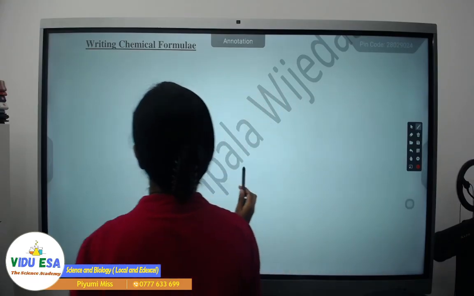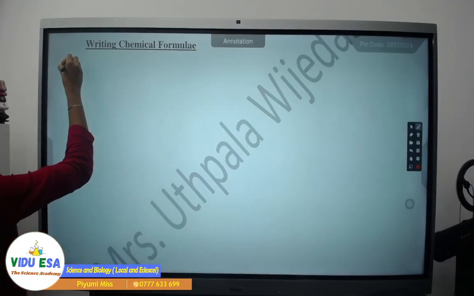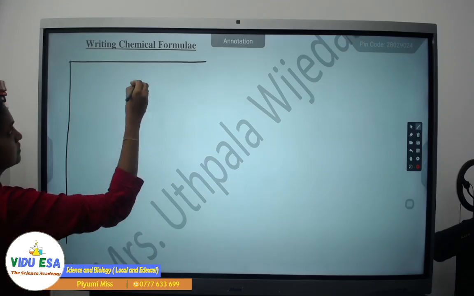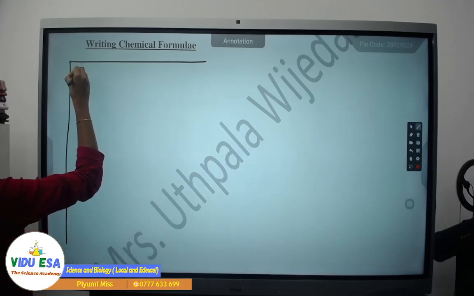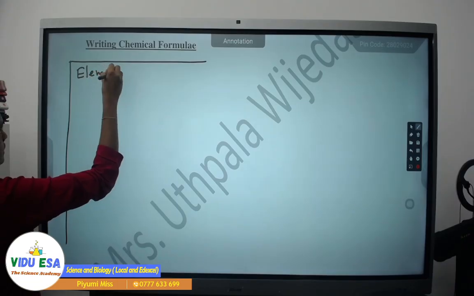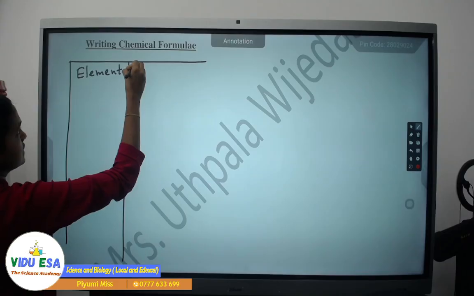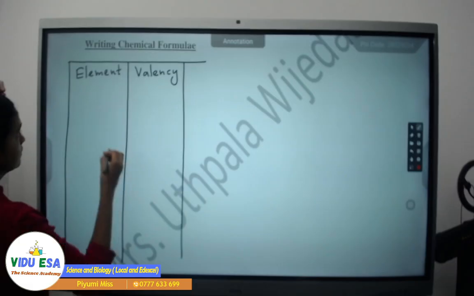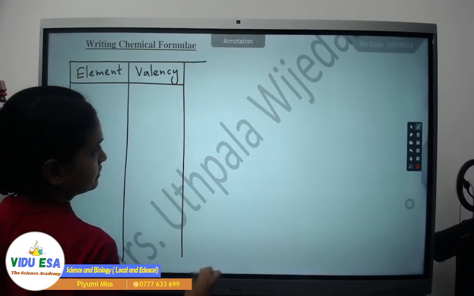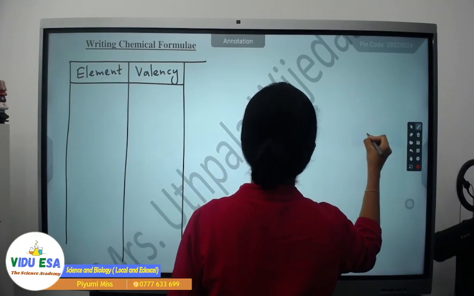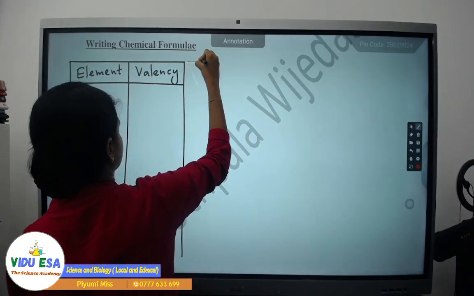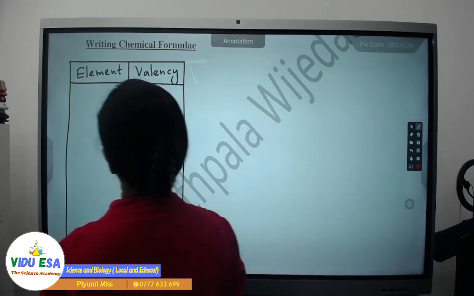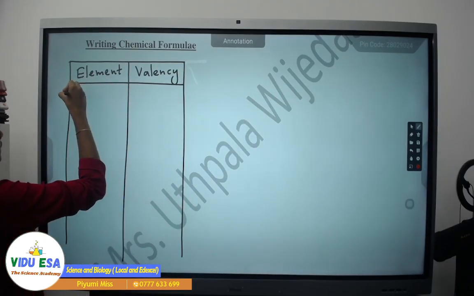So the table should contain 2 columns: element and the valency. So you can write the 20 elements in order.